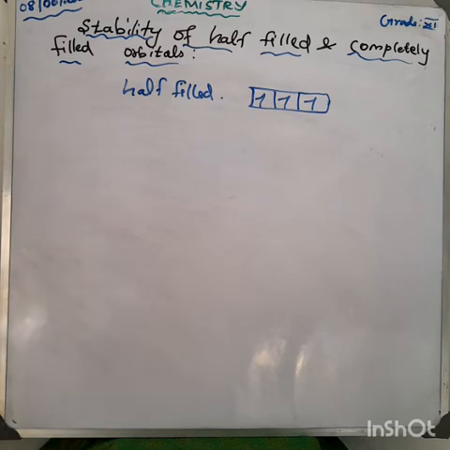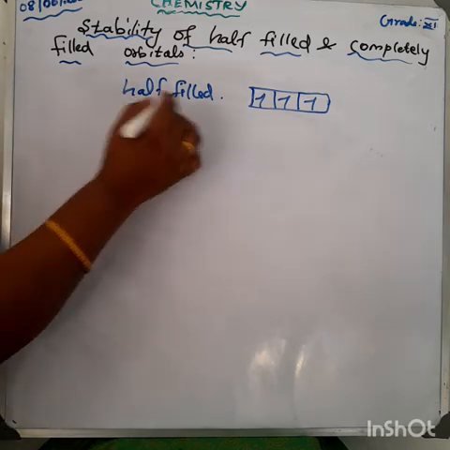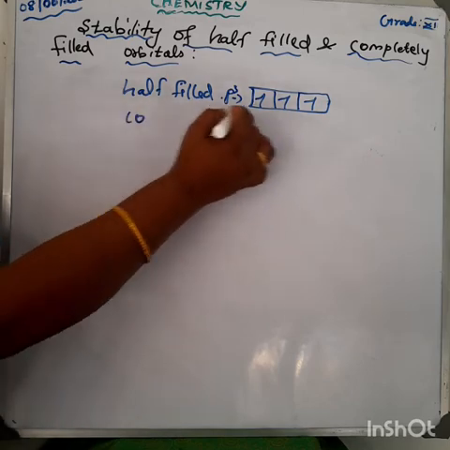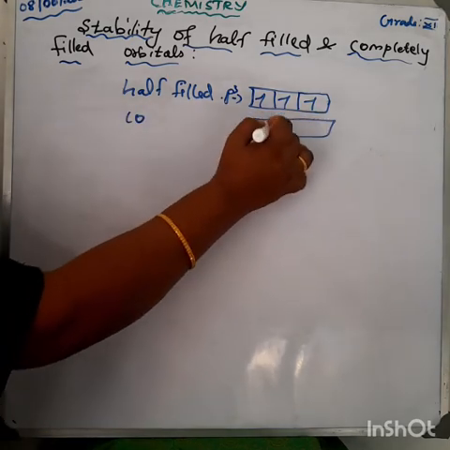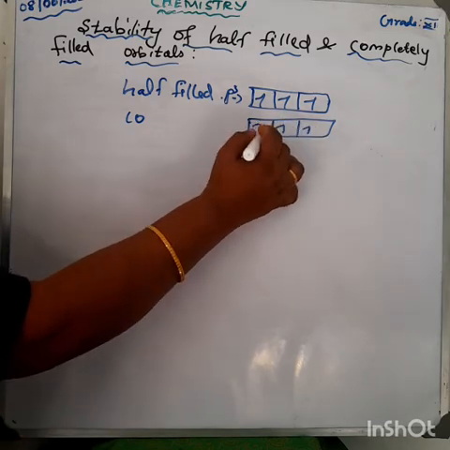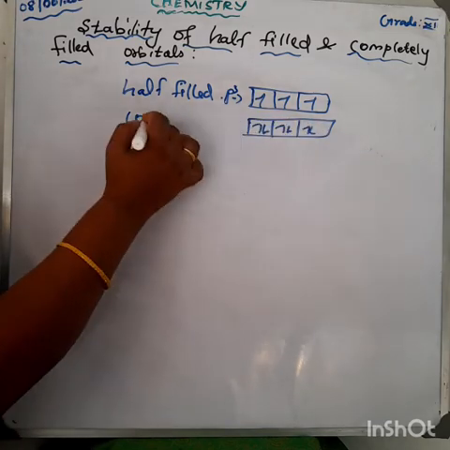Suppose there are 6 electrons in the p orbitals. These 6 electrons are equally distributed in the p subshell. This is called a completely filled orbital.